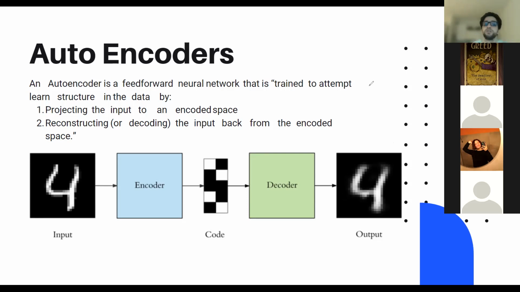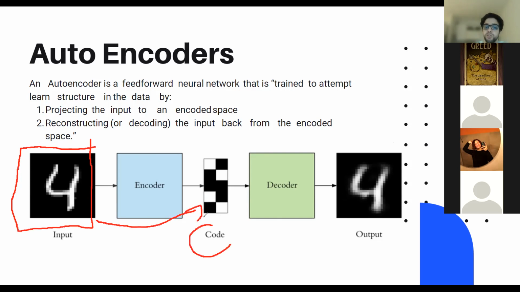Simply, an autoencoder is a feed-forward neural network that is trained to attempt to learn a structure in the data. What we do is we take an image, say this is a 4, and we try to learn some sort of representation or code of that image that is much more dense, right?